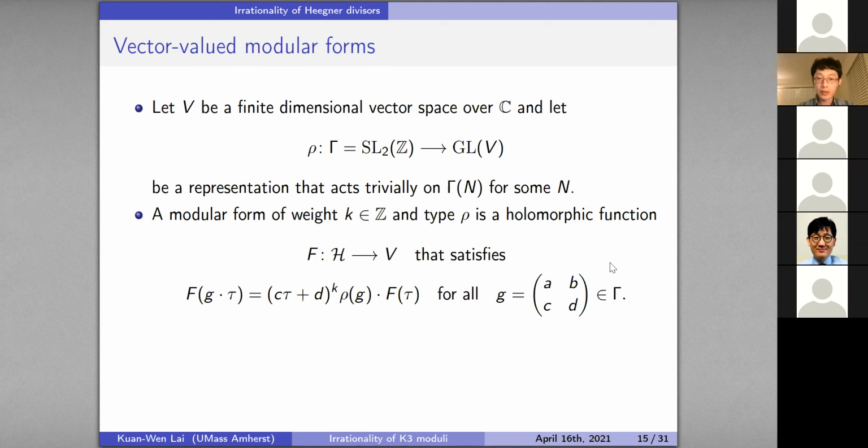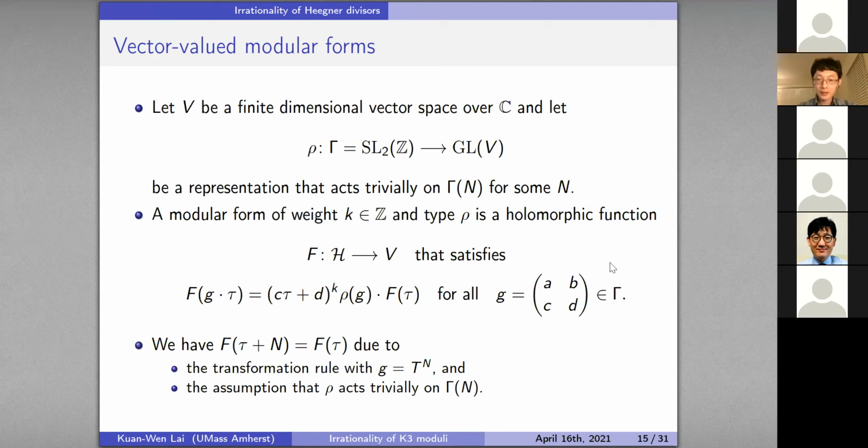A modular form of weight k of type rho, this is a vector valued modular form, is a holomorphic function on the upper half plane with values in the vector space. It satisfies a similar transformation rule. The only difference from the scalar case is that there is an action of the representation, rho g, in the middle.